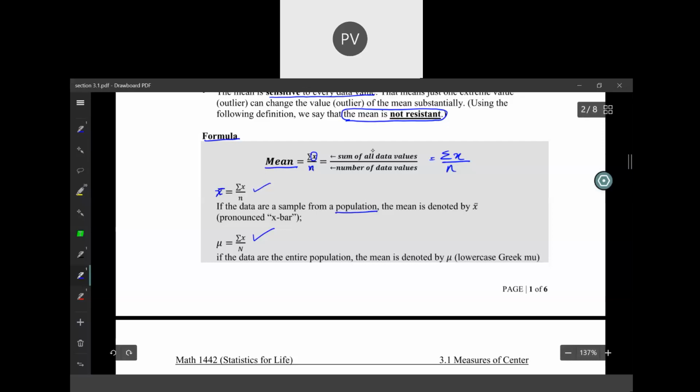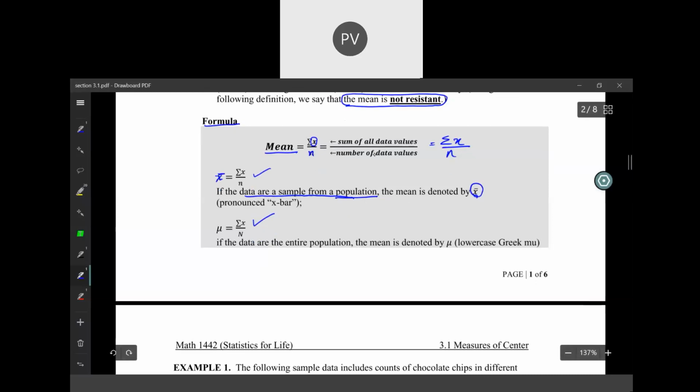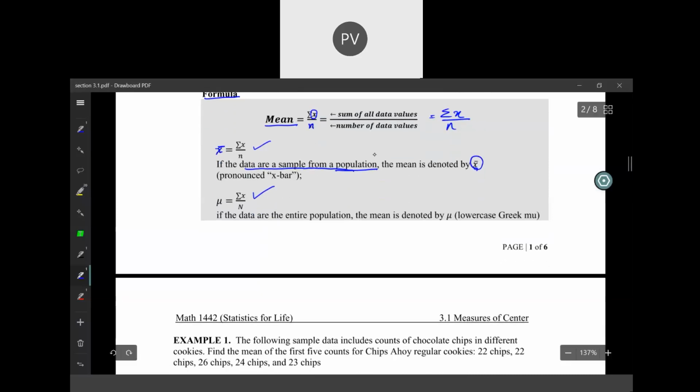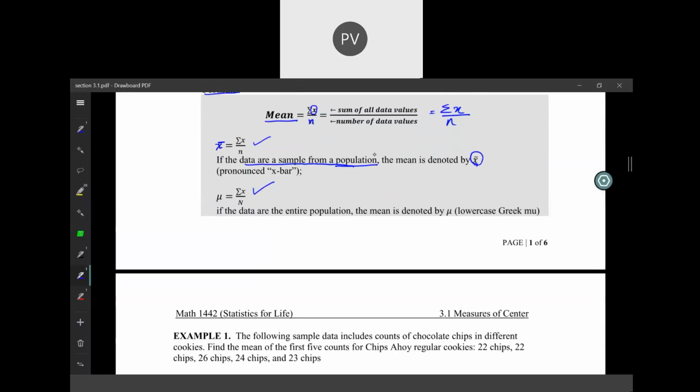If the data are a sample from a population, the mean is denoted by x bar. You will also be denoting mean as x bar, that's another notation, and you can also denote it by this symbol mu.